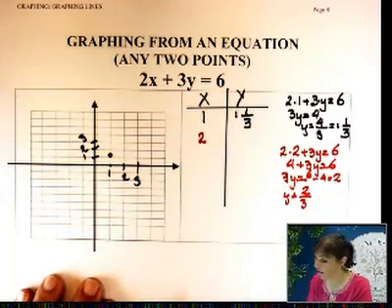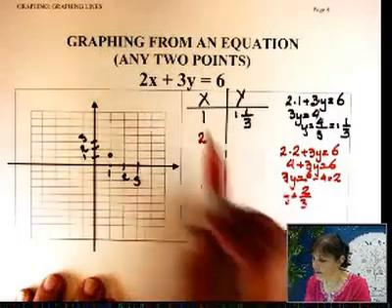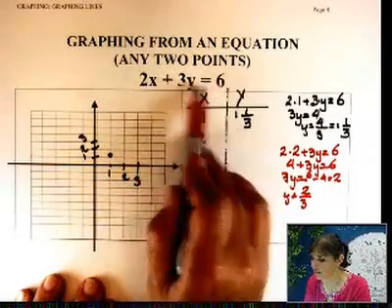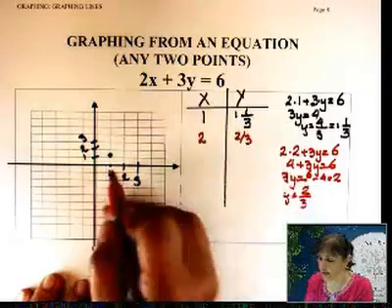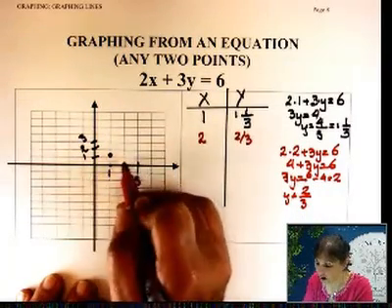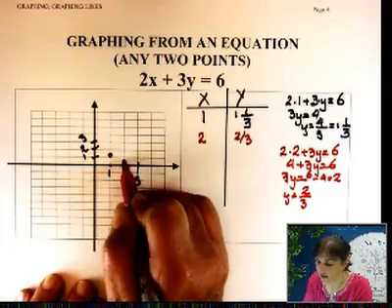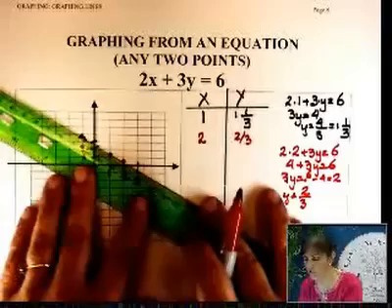All right. When x is 2, y is 2/3. That's right. 2/3 is kind of hard to show, but it's around here. Now I can actually draw a line at this point.